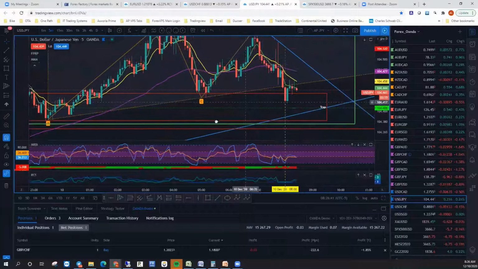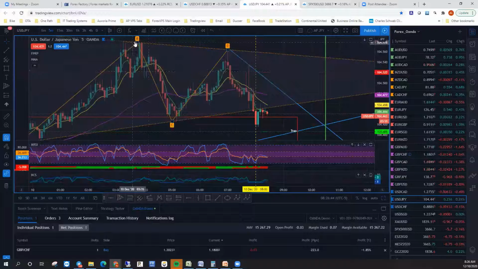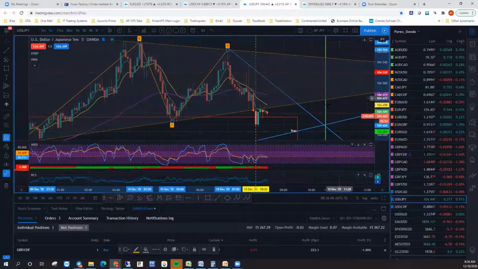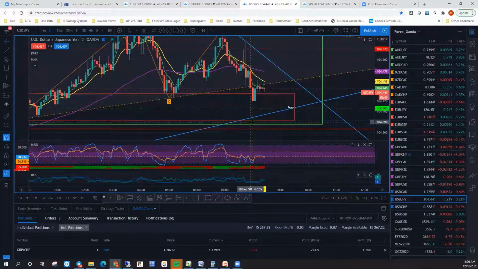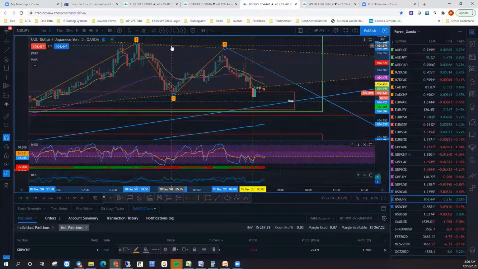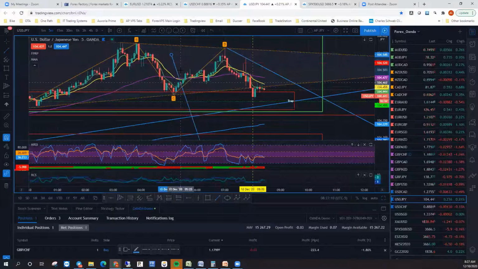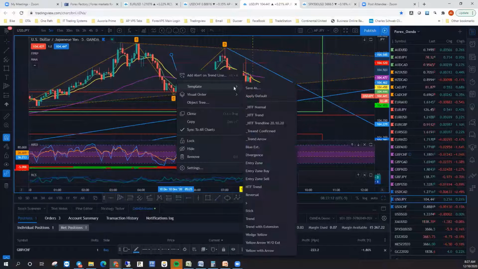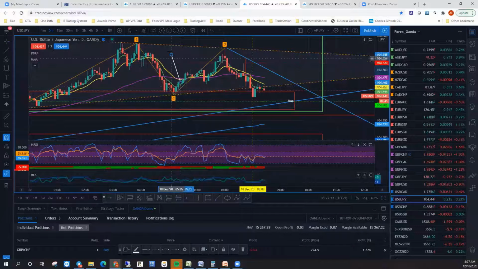My stick is actually all the way down to 104.22. But I'm not going to take all that. I'm just going to take half the stick, so 50% of that. So the stick is 21 pips wide, and then I divided it in two.